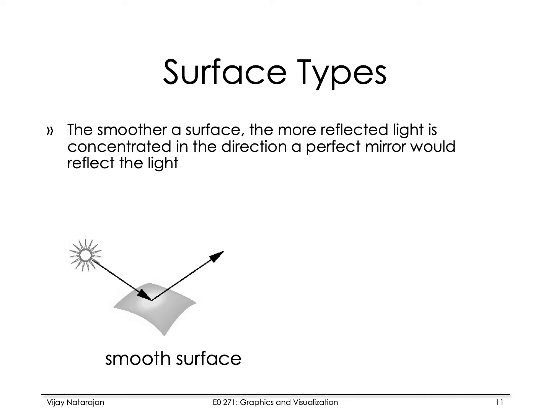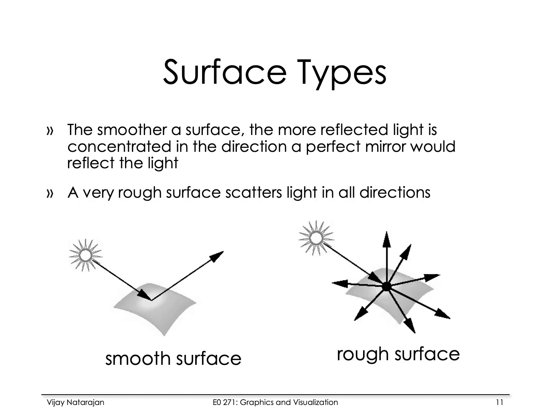So we talk about smoothness of a surface. The smoother a surface, the more the reflected light is concentrated in the direction of the perfect reflecting direction. In contrast, a rough surface is one that scatters light in all directions. In fact, a perfect rough surface is what we will talk about.